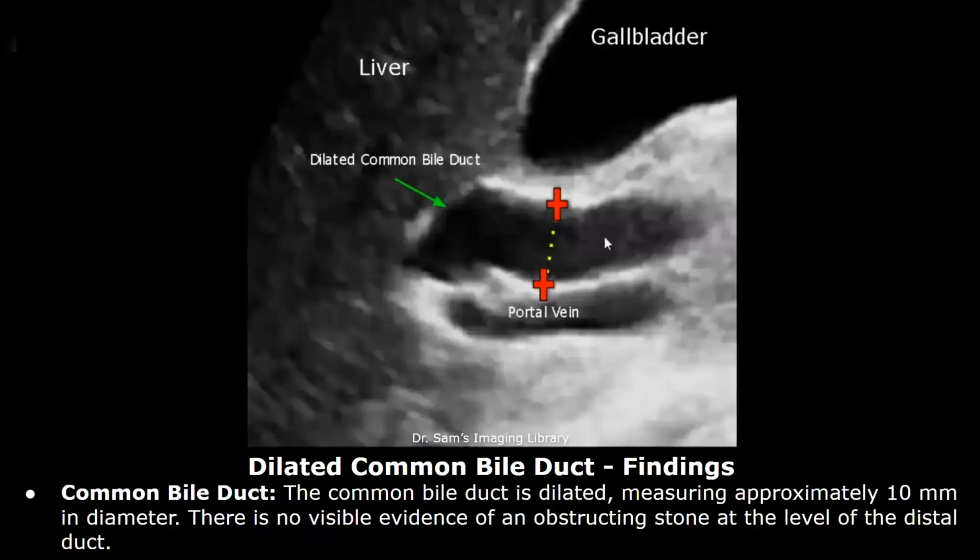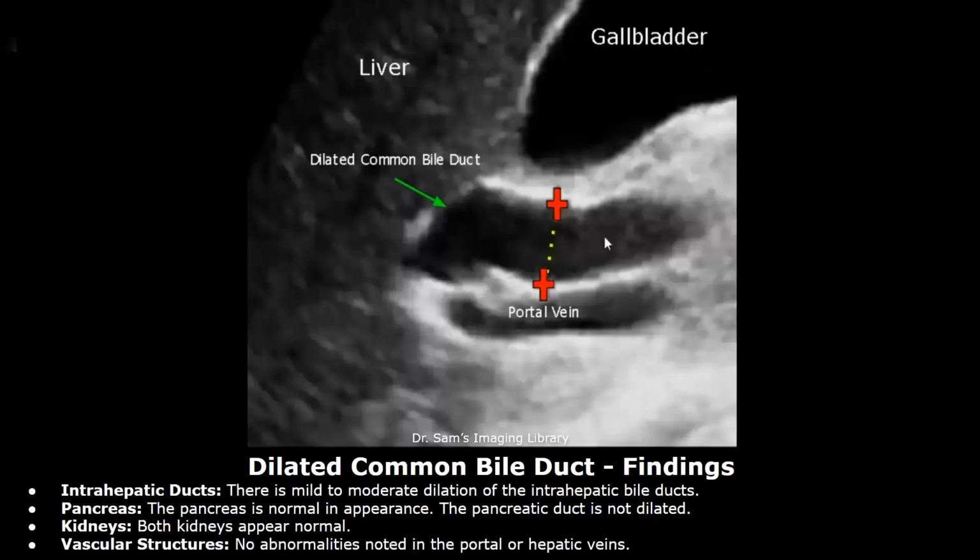The common bile duct is dilated, measuring approximately 10 mm in diameter. There is no visible evidence of an obstructing stone at the level of the distal duct. Intrahepatic ducts: there is mild to moderate dilation of the intrahepatic bile ducts. The pancreas, kidneys, and vascular structures are all normal.